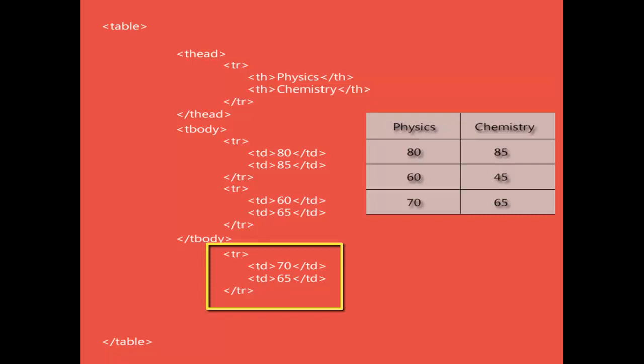This is because I am the one who has created the table and am familiar with its contents, and therefore I know that the last row of the table is the average value of the physics and chemistry columns. And to indicate that the last row of the table contains some sort of average or summary, if you will, we wrap that row inside the t-foot element.